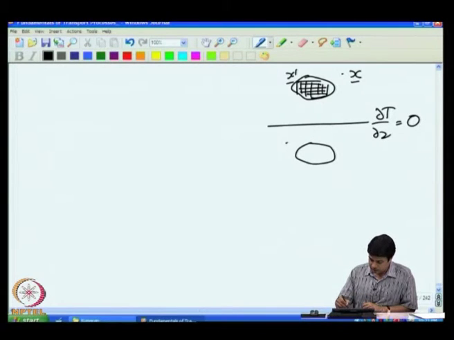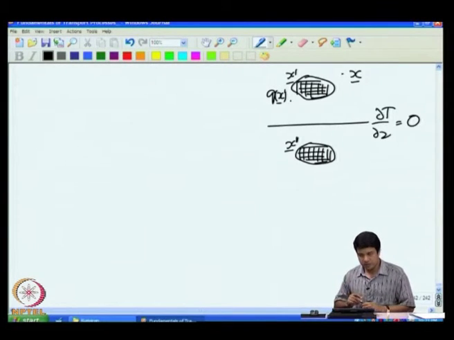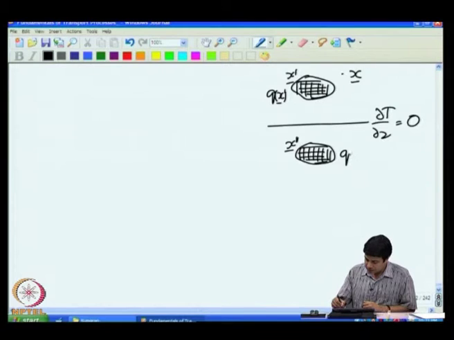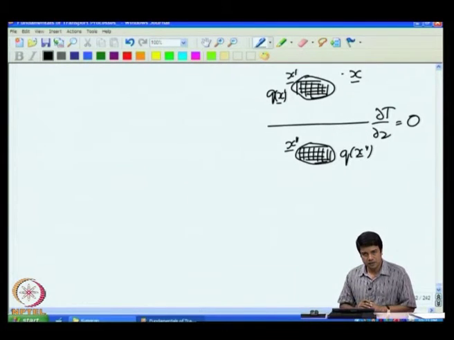This is x double prime, and in this case if I have a source q of x prime here, since the flux is 0 at the wall, you have the same q at x double prime here, the same source both above and below in such a way that the derivative of the temperature is equal to 0 at the wall.